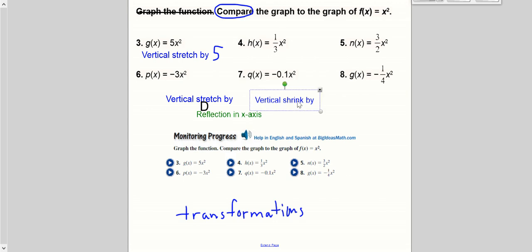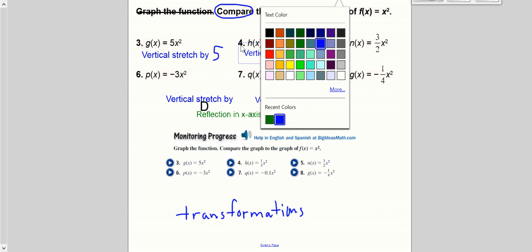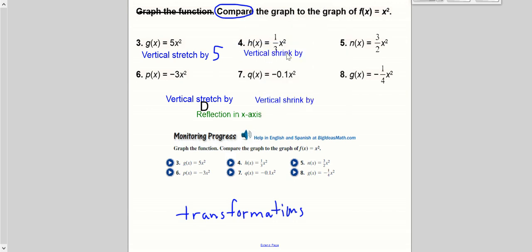Multiplying by 1/3, does that make your numbers bigger or smaller? Makes them smaller. So we have a vertical shrink by what number? 1/3. And the next one, multiplying by 1 or 3 halves. Does that make it bigger or smaller?